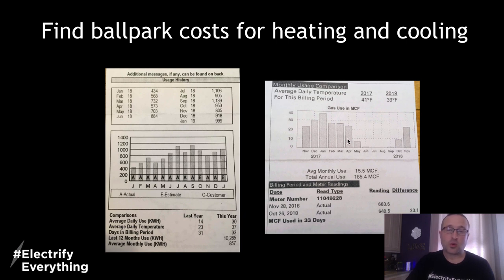So then you take your total annual usage and you multiply the water heating usage by 12, so it goes across the whole year, and subtract it out. So I'm using 185 MCF. This is 1,000 cubic feet. This is pretty close to 1,854 therms. It's not exact. 100 cubic feet, a CCF, is almost exactly a therm. It's like 0.97 to 1.03, something like that.